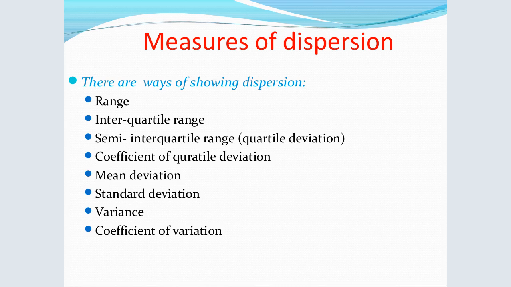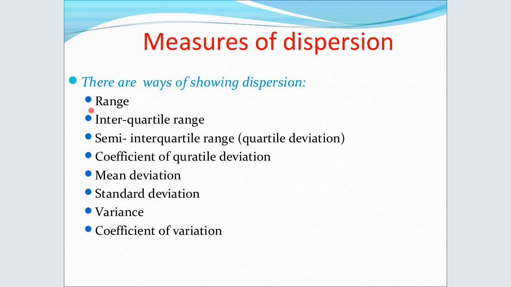Then you are subtracting the smallest value. In other books, you're going to find R is equal to H minus L. So this in short means that you are taking the highest value, you subtract the lowest value. That is for what we refer to as range.